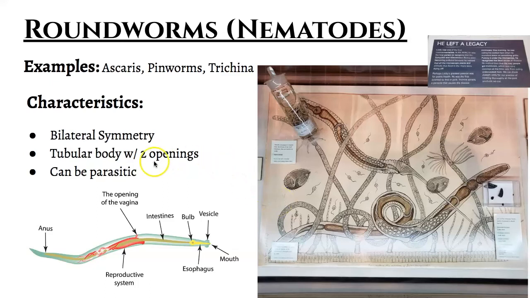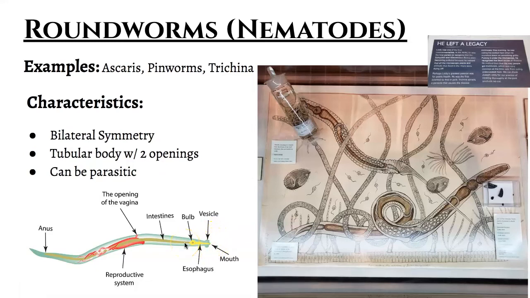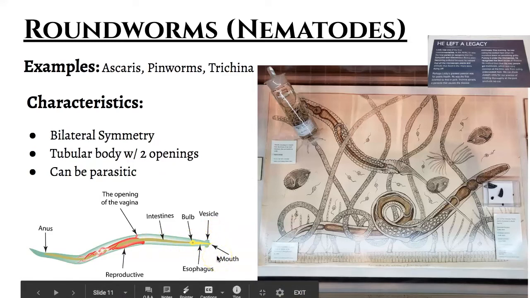These guys step it up a notch, and it's weird to think about, but this is a very important body structure for all of our other complicated animals moving forward, because now we have two openings. What that means is when we eat things, or when this worm eats things, all the waste no longer has to go back through its mouth. It does have an exit.